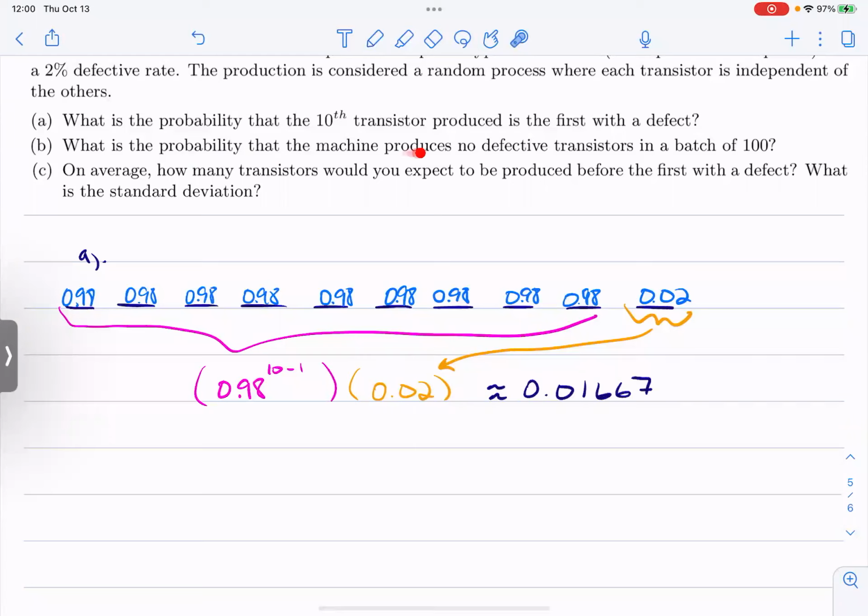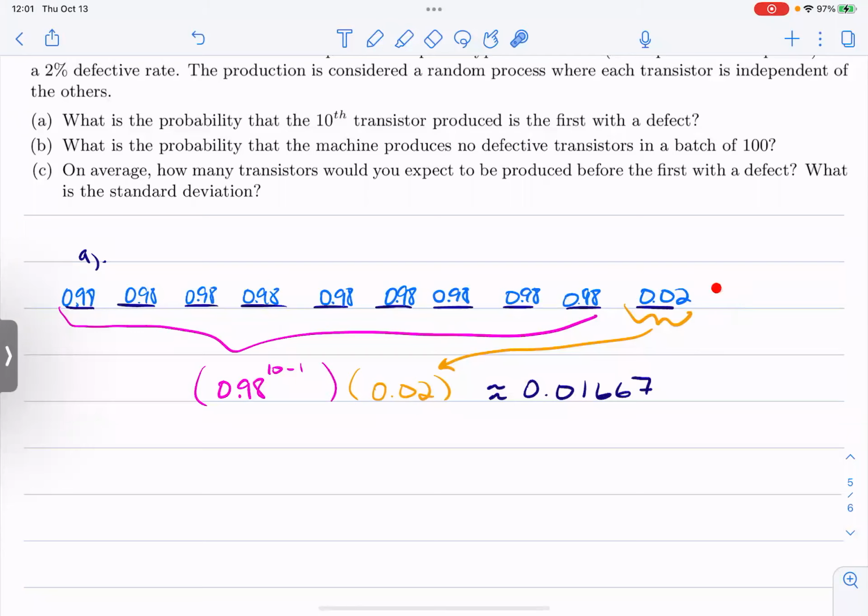What's the probability that the machine produces no defective transistors in a batch of 100? This isn't a geometric, because the geometric tells me what's the probability that the first one happens on the nth trial. It's not a binomial because I don't have any successes. I guess it could be a binomial. But really what we're saying is that in a batch of 100, which translates to 100 little slots, none of them can be defective.